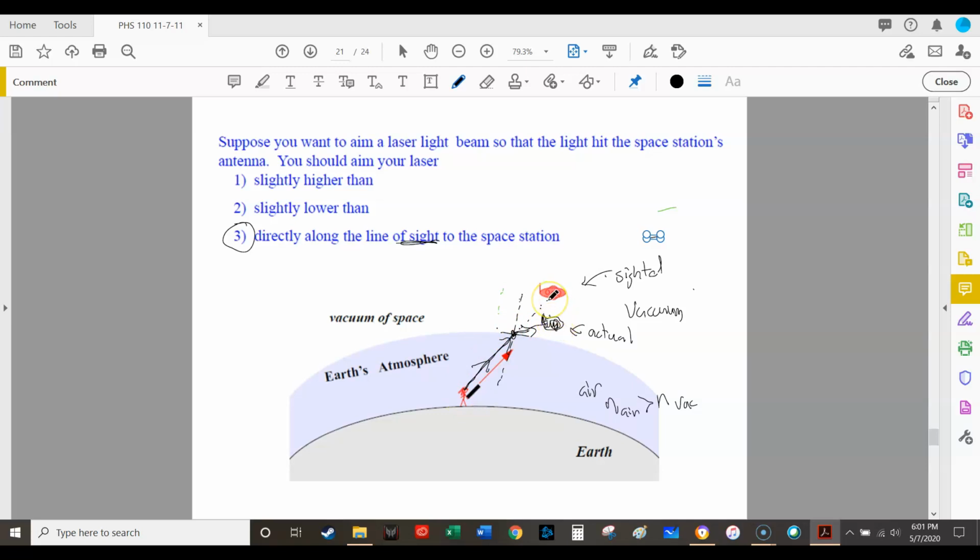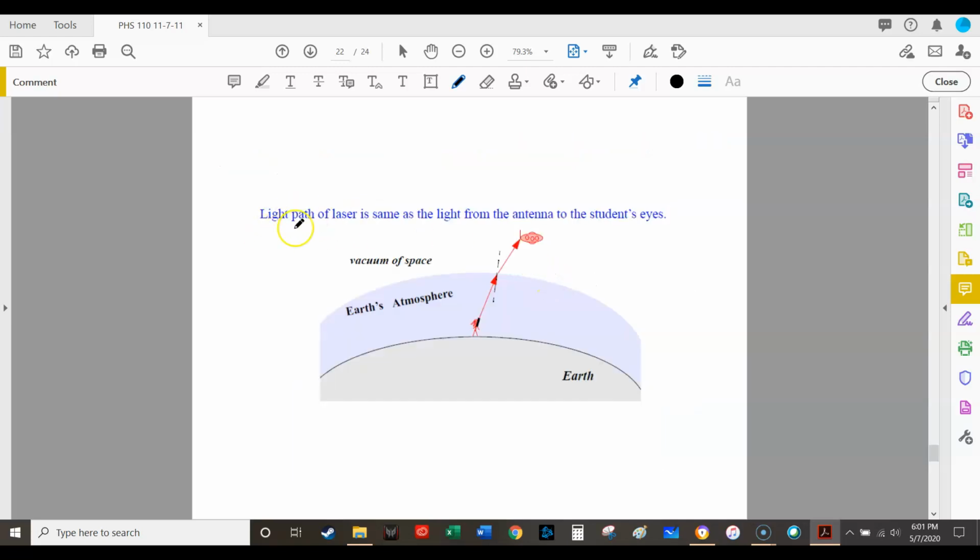So interesting. And that's actually what they say here too. So if you're trying to hit it with a laser, you don't have to correct. You just aim at where it appears to be. Even though we know the actual space station in this drawing is right here, the sighted space station is going to be up here.